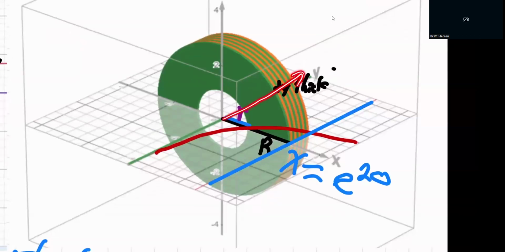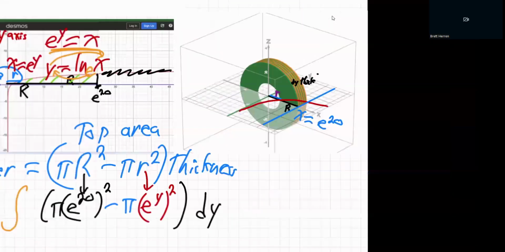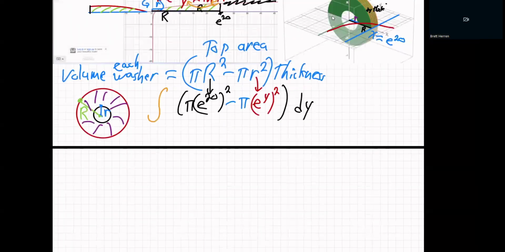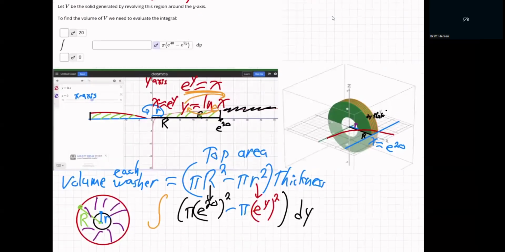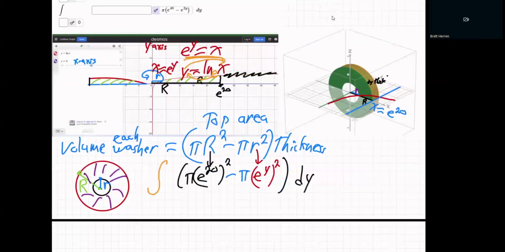We're going in the y direction, right? They're stacking up in the y direction. We start at 0. Where do we end though? It's a little hard to see. Kind of hard to see even on this other diagram. Where do we end? How high up do we go? We're stacking from y equals 0 to y equals what?